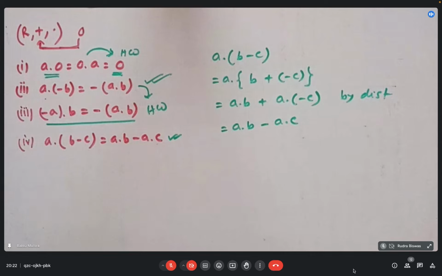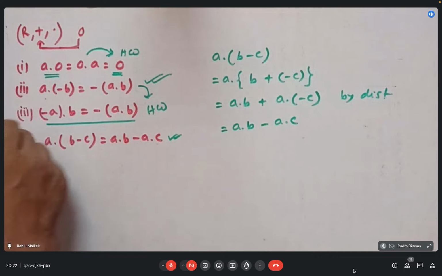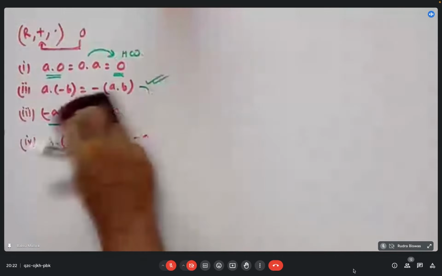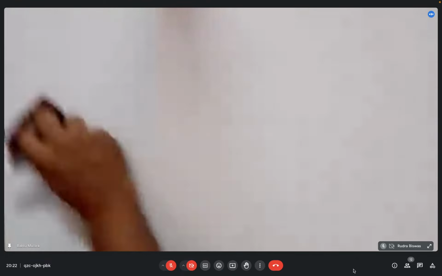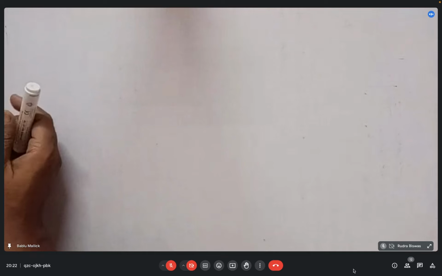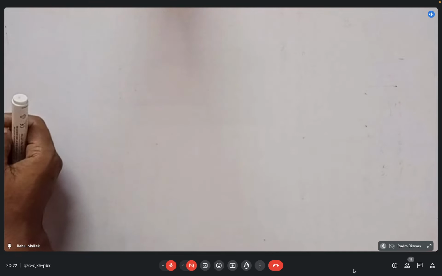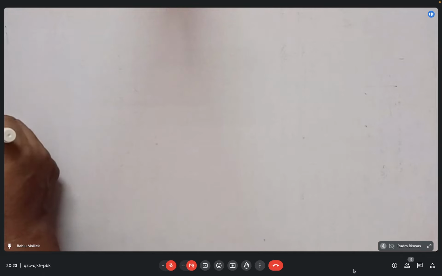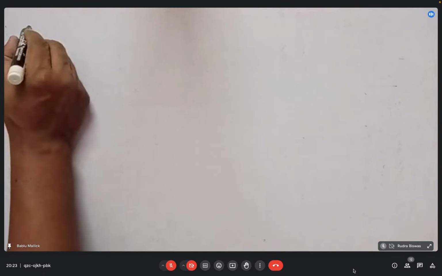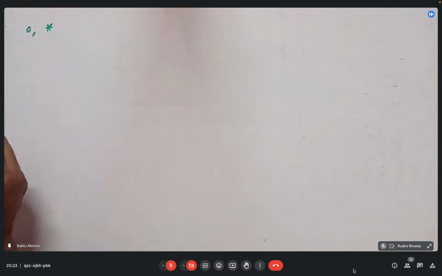Let us show that the set of all integers forms a commutative ring under the compositions O and star.